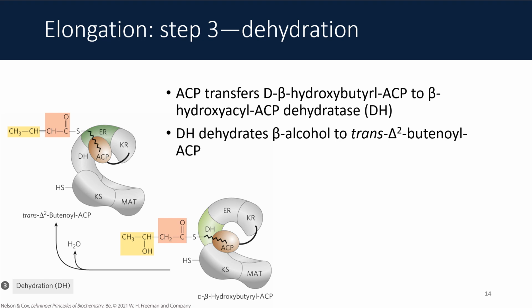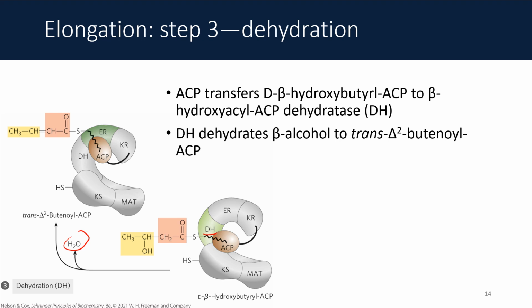Step 3 of elongation is a dehydration reaction. ACP will deliver the beta alcohol that we just made to the dehydratase domain, DH for short, where it is going to dehydrate that alcohol and release it as a water molecule.